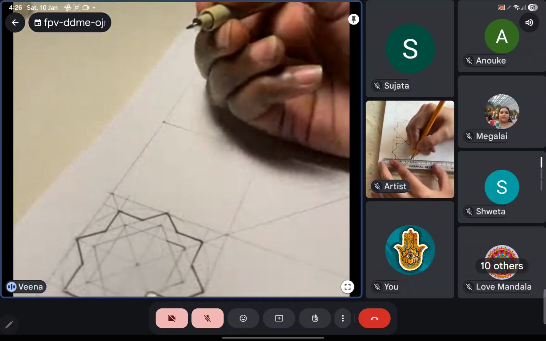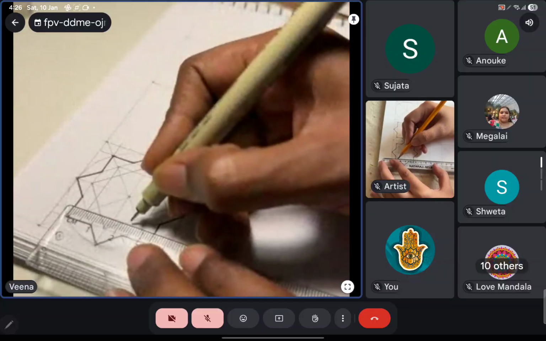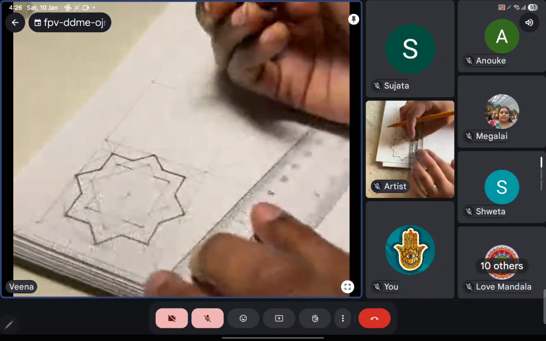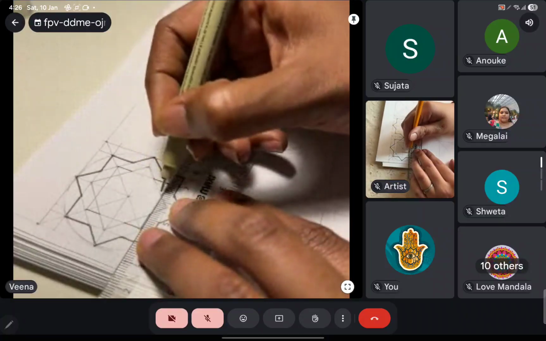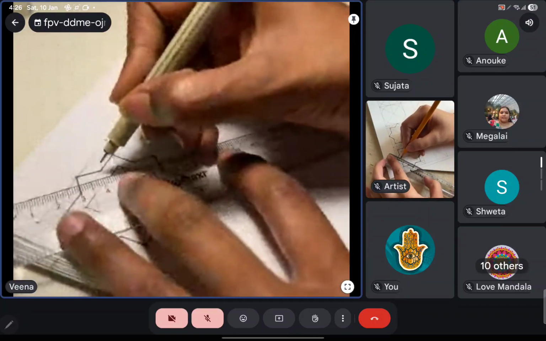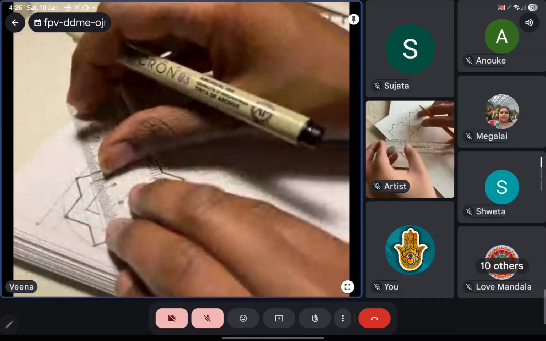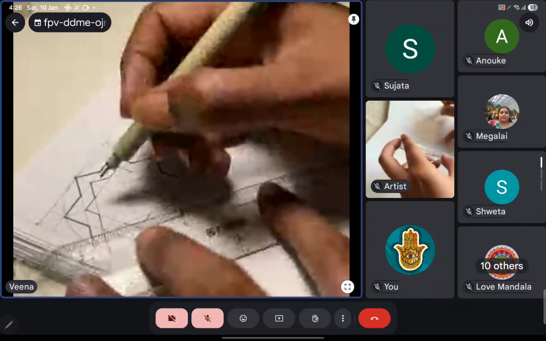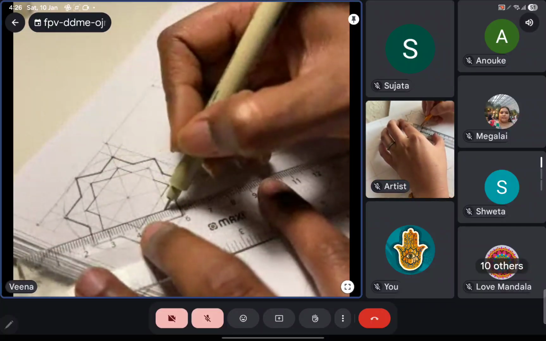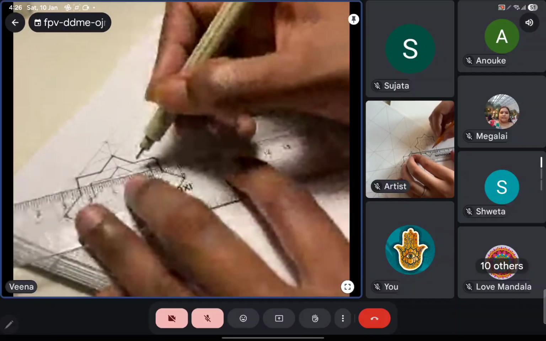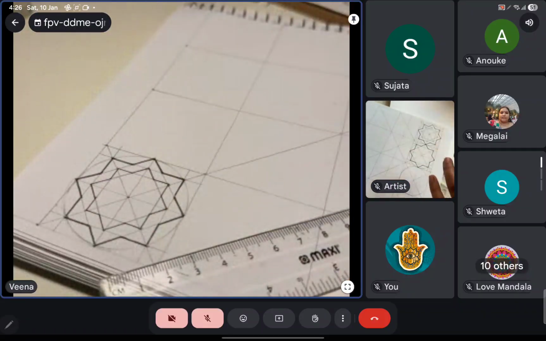So it's the same process that we have done before, but it's just that we're doing it on a smaller scale. Is everyone good until here?